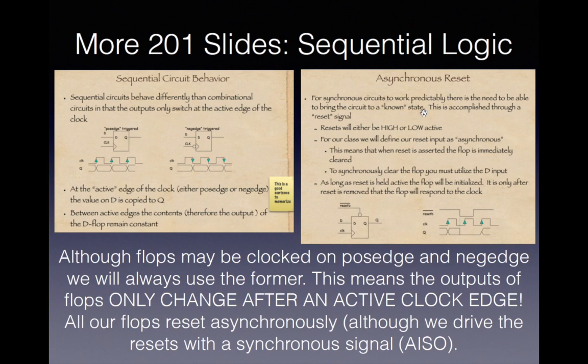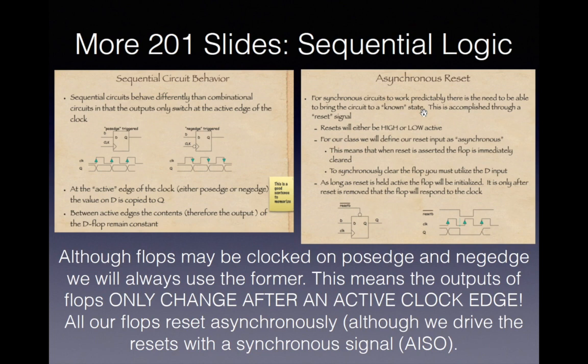Now you can define a flip-flop such that when reset is active, Q goes to 1. It's still considered the reset state. The difference would be our circuitry expects the output to be a 1 following reset. So two things from this chart.